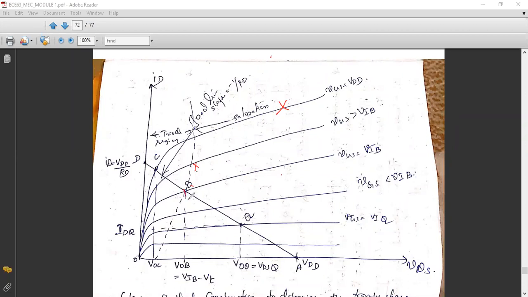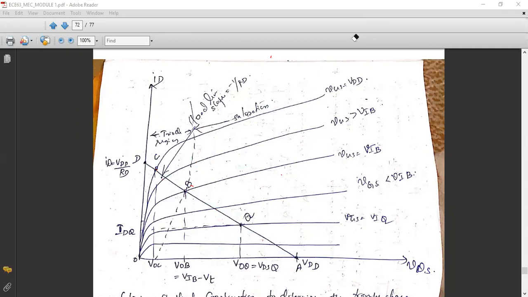You can fix it at these intersection points, the coinciding points of your DC load line over the curves. These points can be considered as Q point, but out of which I should take the most feasible point, the midpoint of AB, where B is the extremity of the triode region and A is the cutoff point. Between this midway you fix Q so that proper amplification will happen. Clear, students?